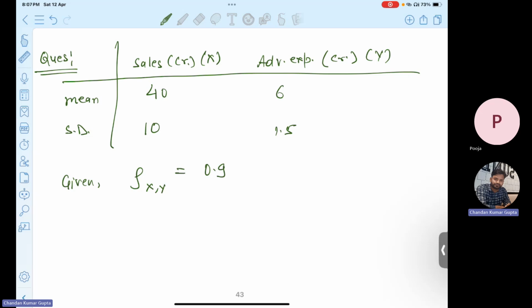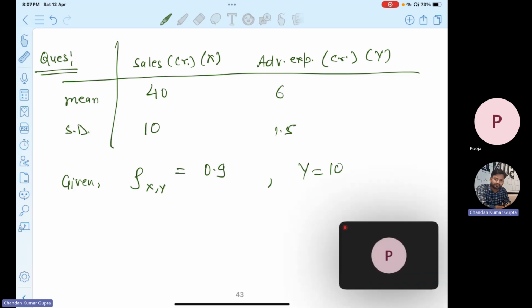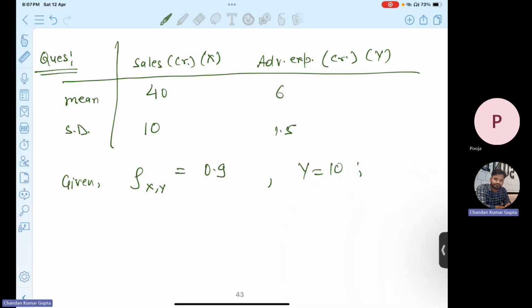That is highly correlated. The likely sales for a proposed advertisement expenditure of 10 crore rupees is what? So we are given Y equal to 10 crore, and we need to find X. When Y equal to 10, what is the value of X? We need to find this.